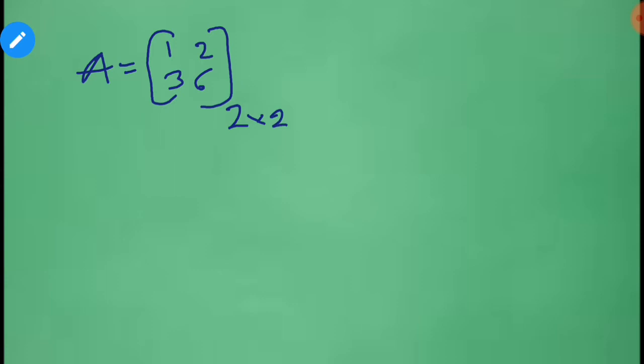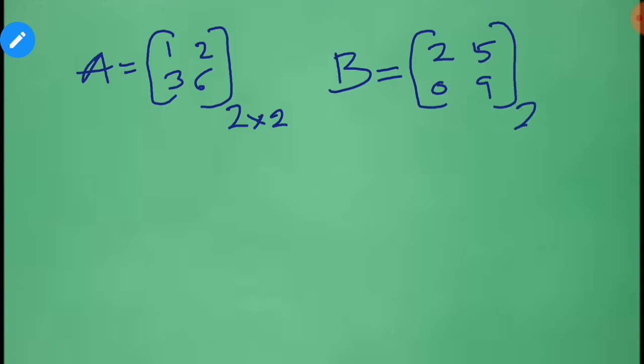If A and B are square matrices of the same order, then AB and BA are defined. For example, if A equals matrix 1, 2, 3, 6, a 2 by 2 matrix, a square matrix of order 2, and B equals another 2 by 2 matrix, 2, 5, 0, 9.